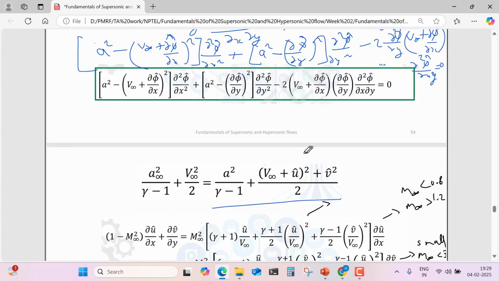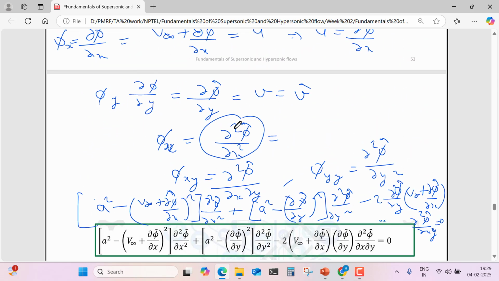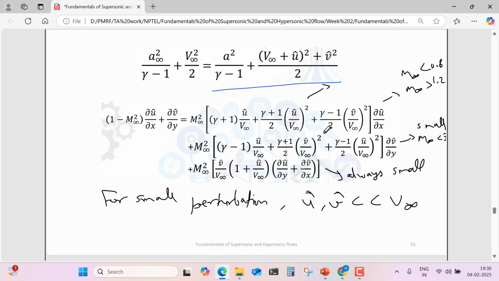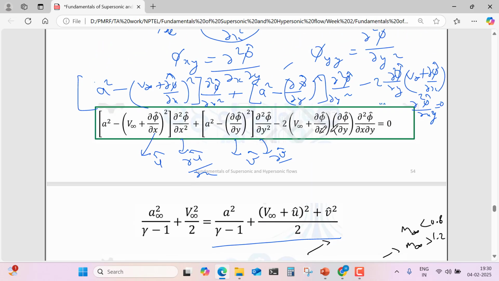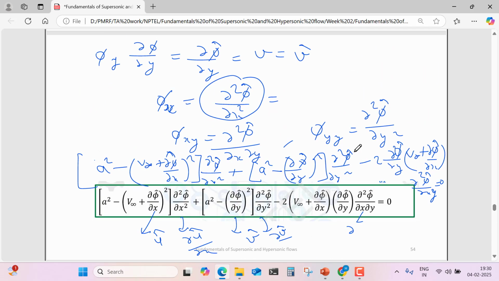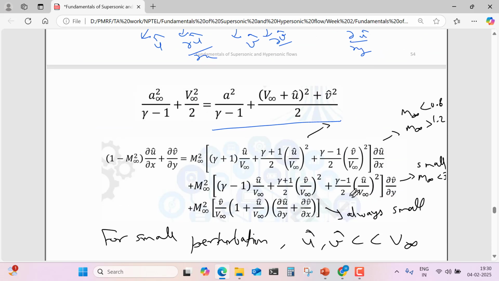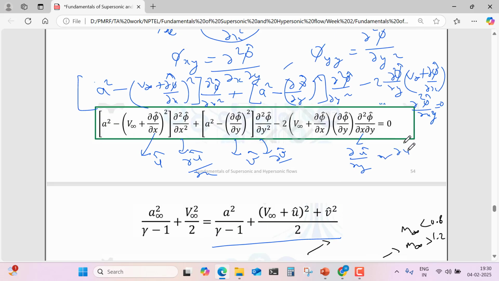Now if we take this u cap also here, this dou phi x dou x is nothing but u cap, dou phi y dou y is v cap, so this is dou u cap upon dou x, dou v cap upon dou y, and this is dou u cap upon dou y or dou v cap upon dou x.